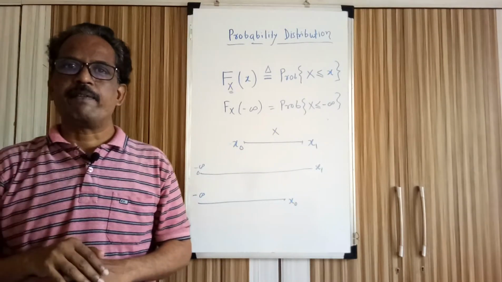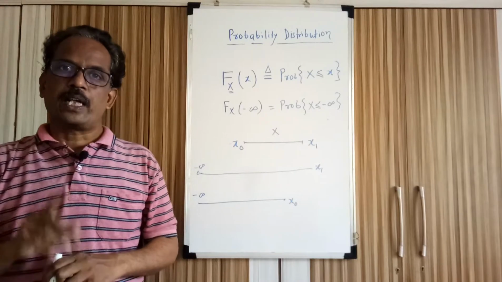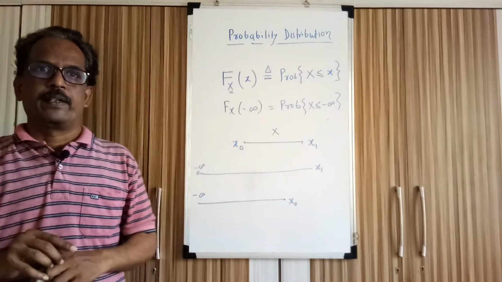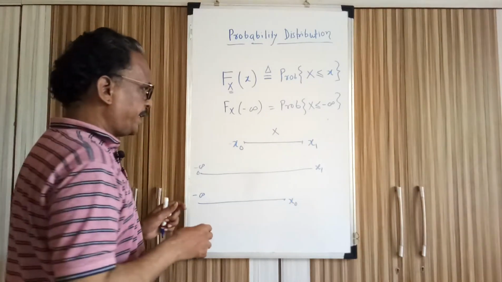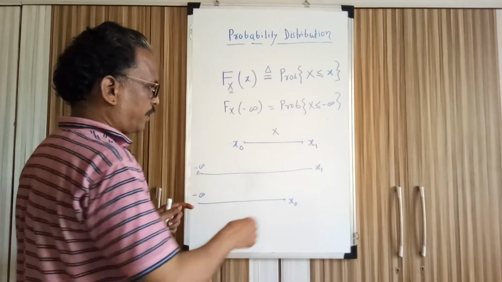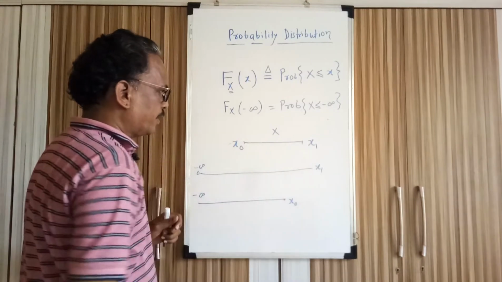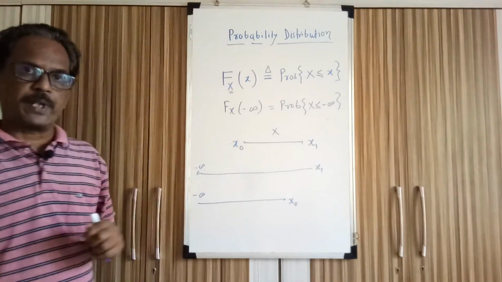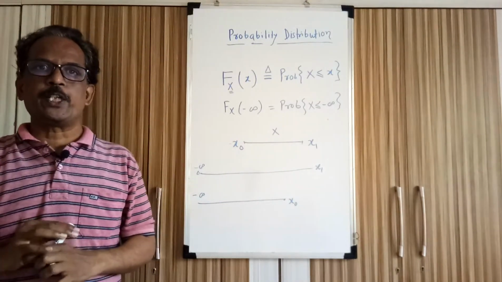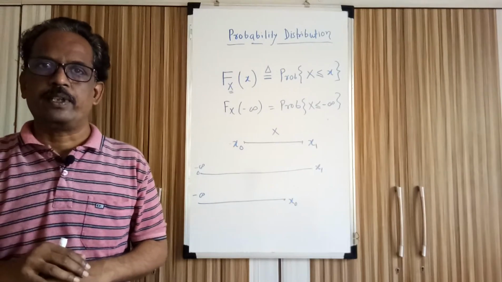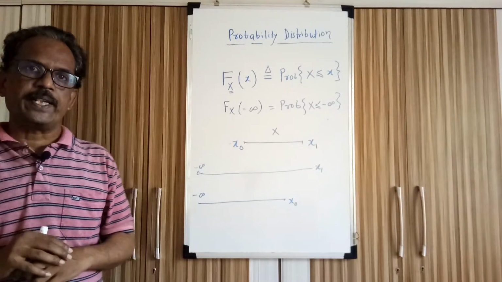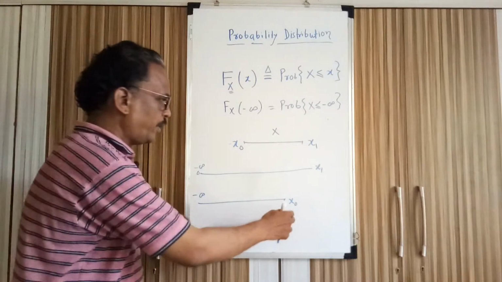The probability that a random variable takes a value between x0 and x1 can be obtained by taking the probability distribution function for the random variable taking value less than or equal to small x1, and subtracting the value of the probability distribution function for the range minus infinity to x0.